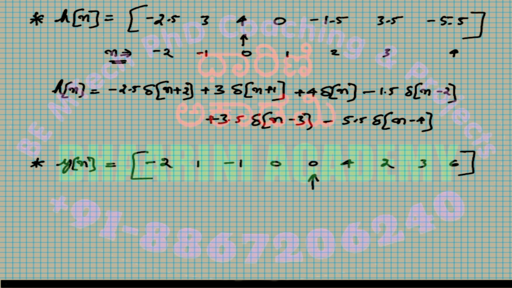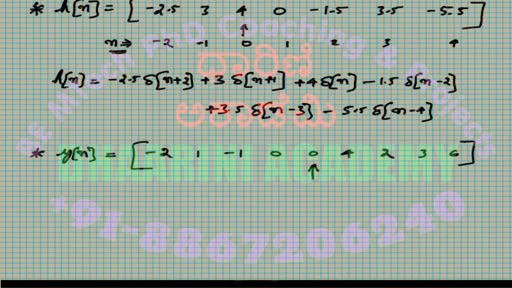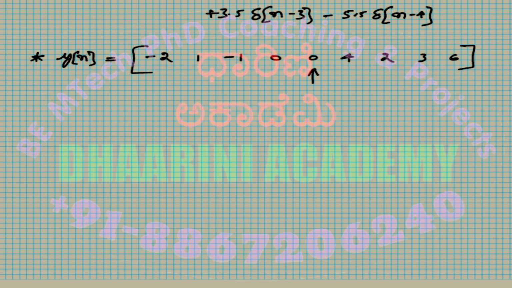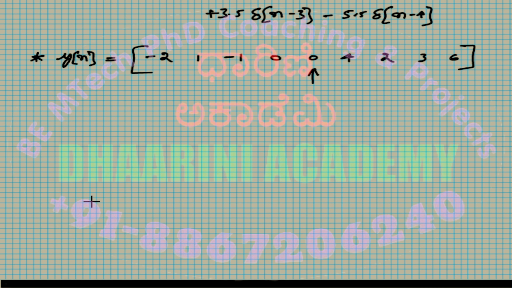First, let us plot this to understand how we can convert this into the equation. This is the x-axis, and I understand that this is the 0th index. On the right side, I need 1, 2, 3, 4. On the left also, I need minus 1, minus 2, minus 3, minus 4.